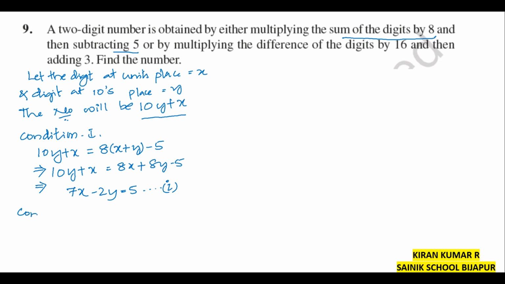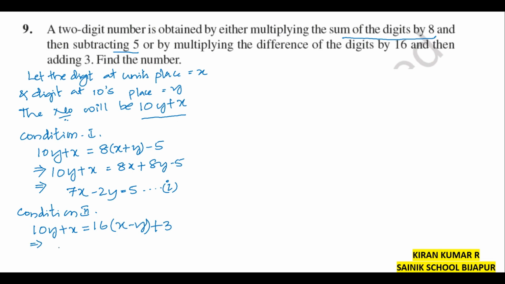Now let us take up condition 2. In the second condition, the given number is obtained by multiplying the difference of the digits by 16. So 16 is multiplied to the difference of the digits and then adding 3. So further let us simplify.